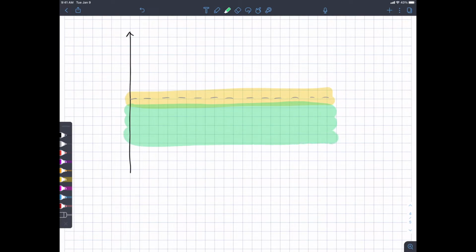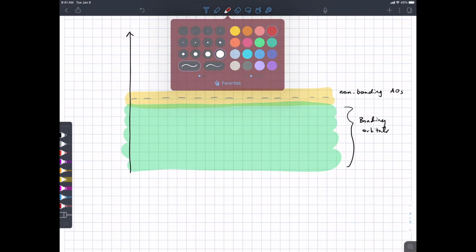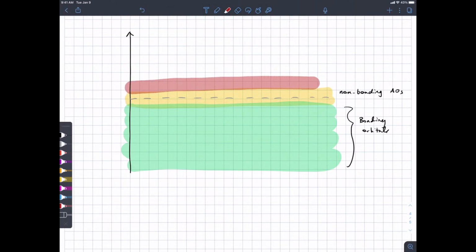Or rather, I choose not to worry about it. So here we're going to have the domain of the bonding orbitals. Here we're going to have the domain of the non-bonding atomic orbitals. And up here in this lovely rust color, we're going to have the domain of the anti-bonding orbitals.